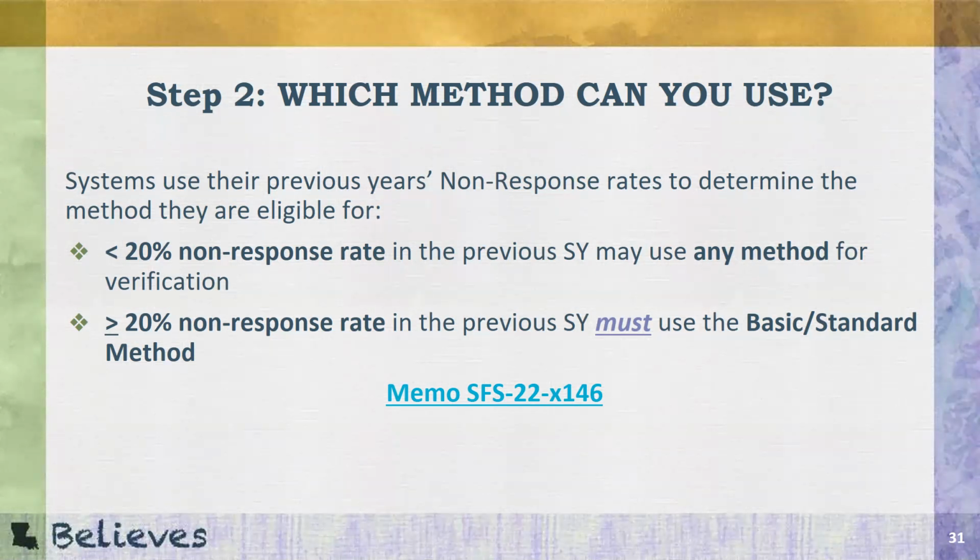However, if your non-response rate was 20% or greater in the previous school year, or if you didn't conduct verification in the previous school year, such as being a new SFA or an SFA that has just started reusing applications, then you will need to use the basic or standard method.